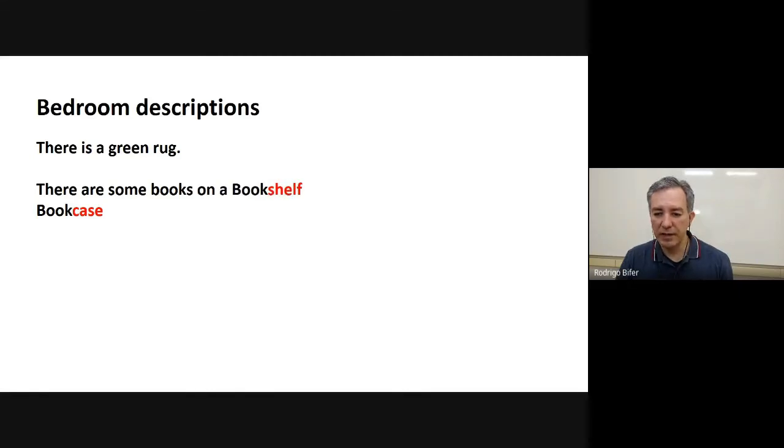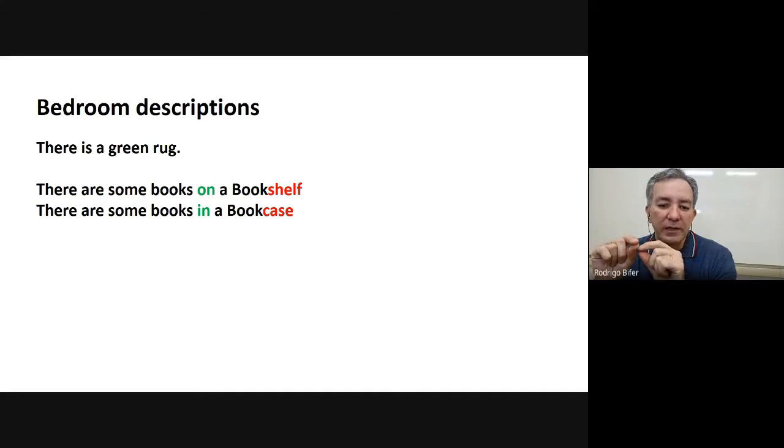Let's make it green, shall we? Green will be used for prepositions. But what about bookcase? For bookcase, we would change the preposition to in instead of on. So let's see. Look at the first sentence.